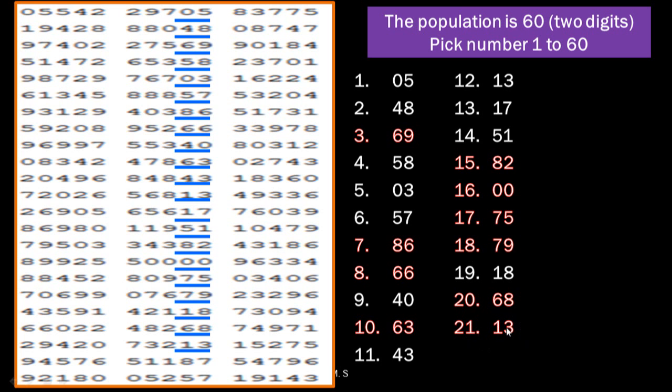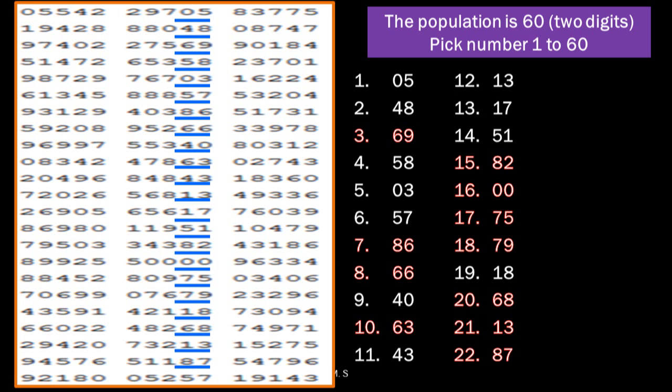If it happens to take numbers twice or thrice, we just discard it, and we need to take only one of the numbers. So in 12 we have already got 13, so in 21 here, following these generated numbers, we discard this.